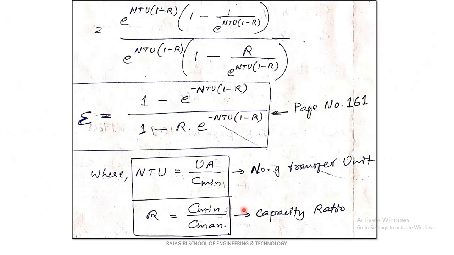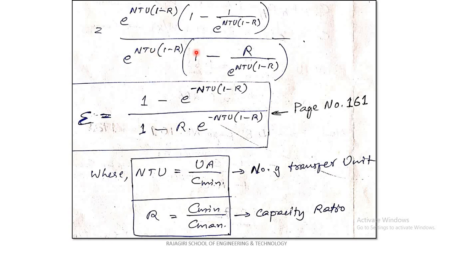Let's rearrange and take it into a standard equation. Take e raised to minus NTU into 1 minus R outside of the bracket, so take 1 minus 1 by this term.